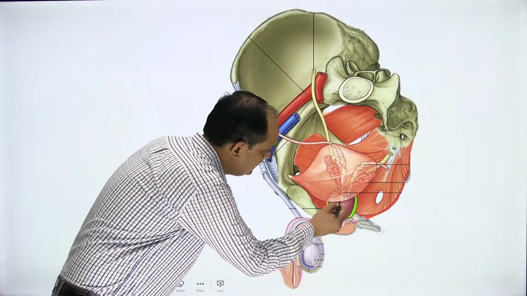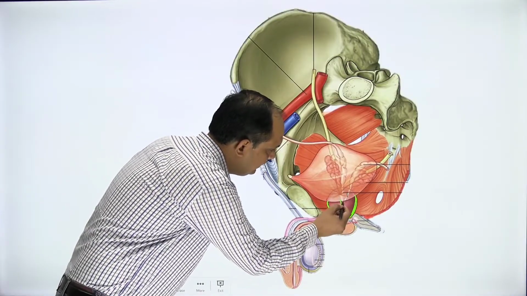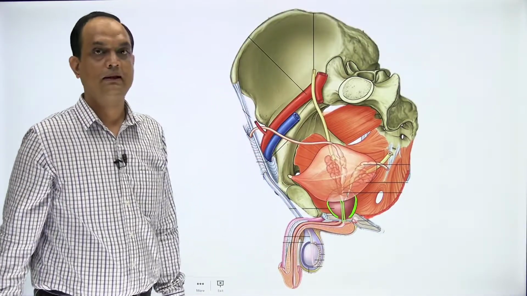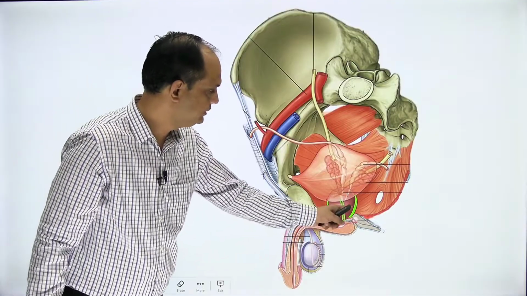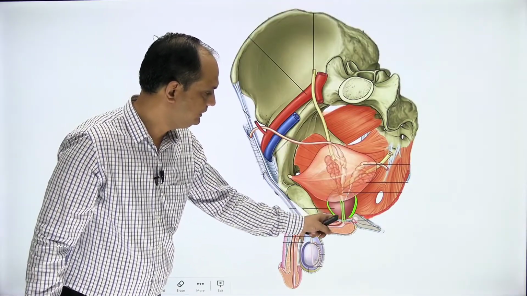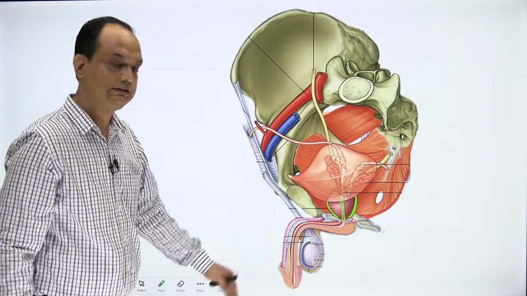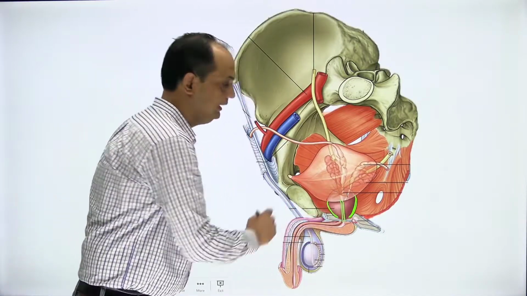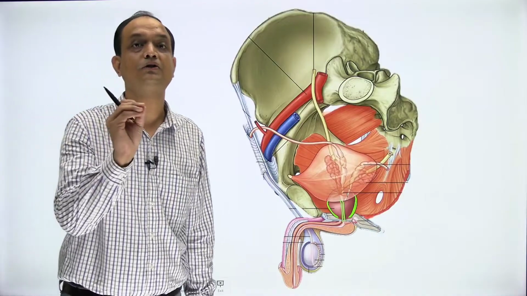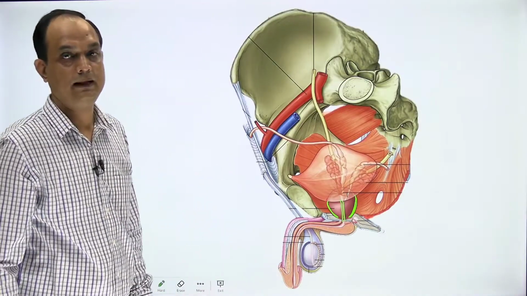Now here you can see that it is enclosing the urethra. This gland, known as prostate, encloses the urethra in case of the male, and this part of the urethra of male is known as prostatic urethra. Clear?